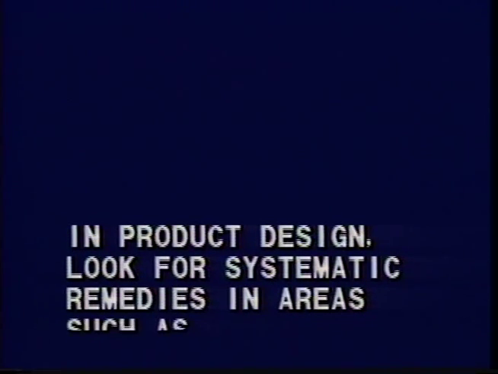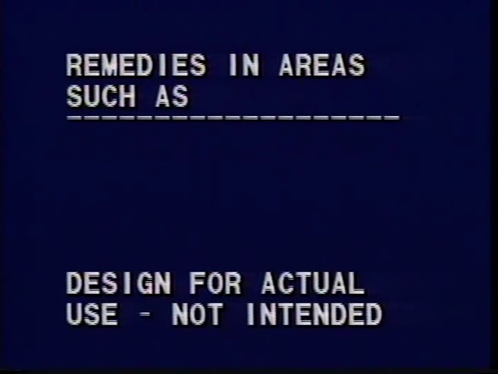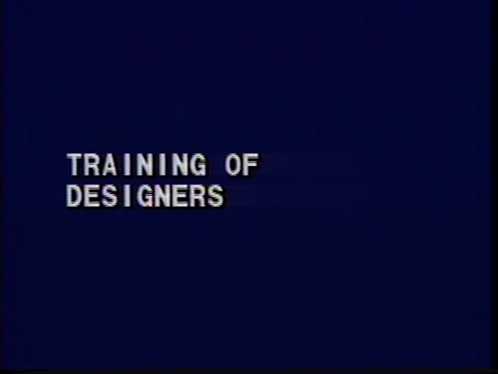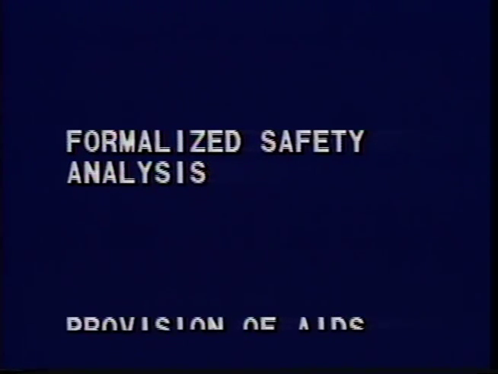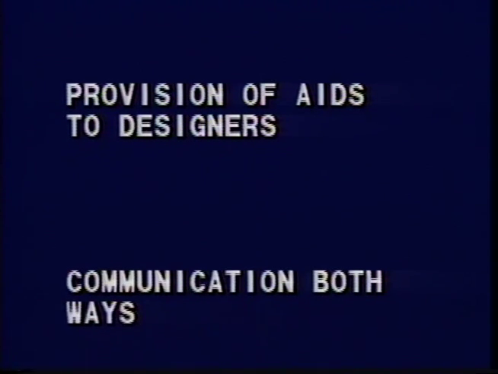In product design, look for needed systematic remedies in areas such as design for actual use, not the intended use; translation of model shop results into production shop predictions; training of designers; adoption of design review; quantification of reliability; formalized safety analysis; provision of aids to designers; and communication both ways.